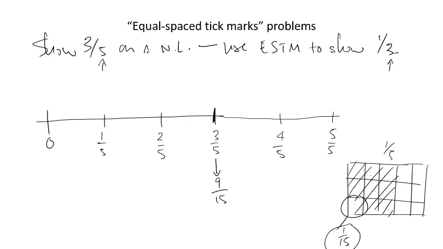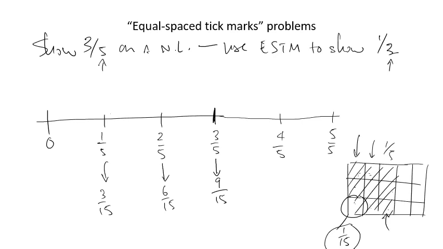And so now the 2/5 was 1, 2, 3, 4, 5, 6 15ths, and now this is 3/15ths. And we can see we're counting by threes. So here's 1/5, 1/5 is 3, 2/5 is 6, 3/5 is 9, so on, so on, so on. So now let's put in the rest of our tick marks.